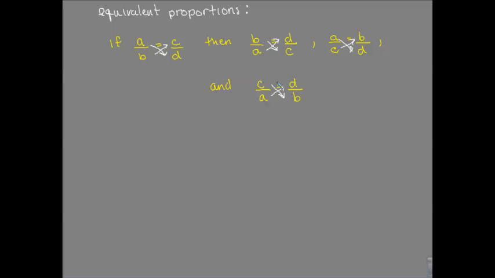So that's important to know too, because that tells you there are 4 different right ways you can set these up. So you don't have to worry as much about whether this one has to be on top and this one has to be on the bottom. Not necessarily. Okay. The extremes have to be multiplied, and the means have to be multiplied. Other than that, the setup can be different.